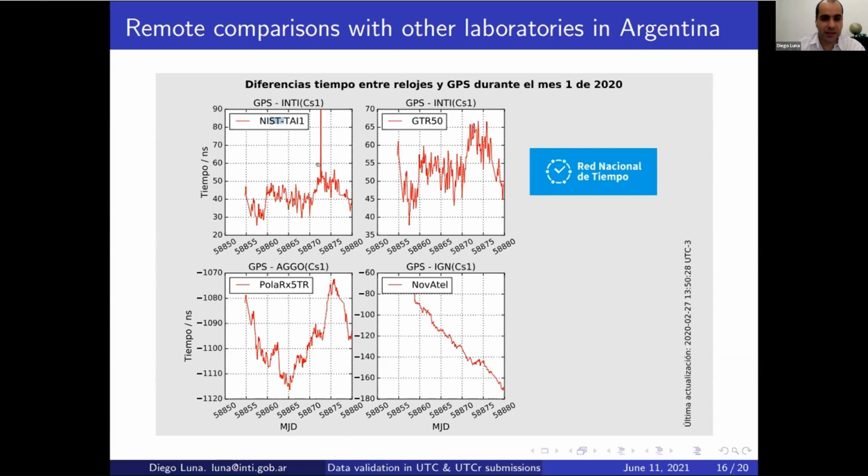And as the same peak does not appear in this graph, we can see that there was a problem with the receiver and not with the clock. And of course, we made the same measurements with other laboratories, here AGO and Geographical, the other clock.